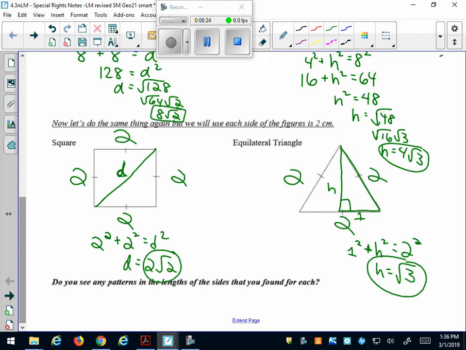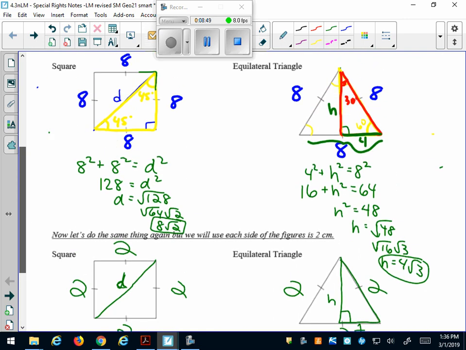So we're talking about the diagonal of a square, but remember, we want to think about this as an isosceles right triangle, a 45, 45, 90 triangle. If the two sides of a 45, 45, 90 triangle are 50, then the hypotenuse will be 50 root 2 every single time.